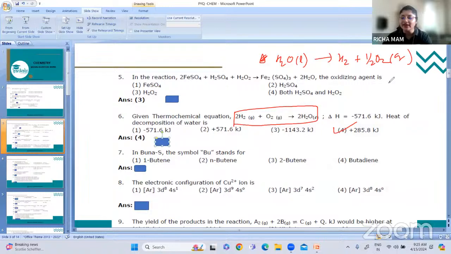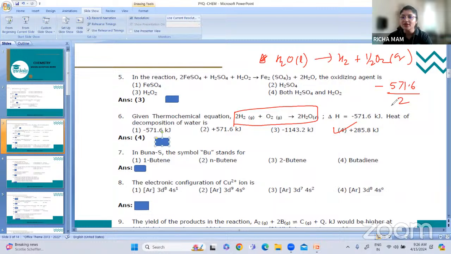If this is the given thermochemical reaction and it gets reversed, then we divide by 2. So this value is minus 571.6, divided by 2, and the sign of delta H changes, because this is for decomposition of water.